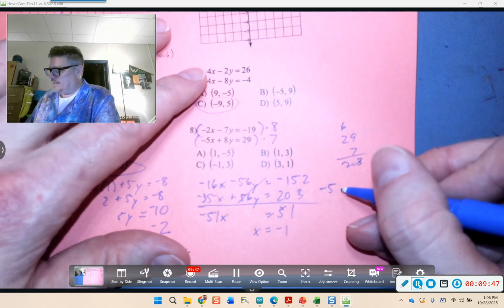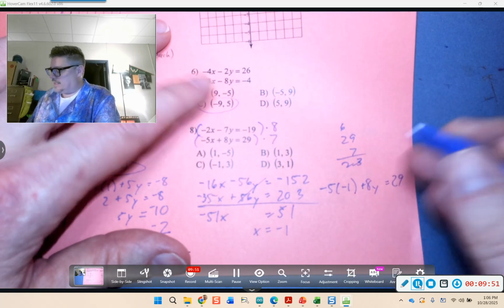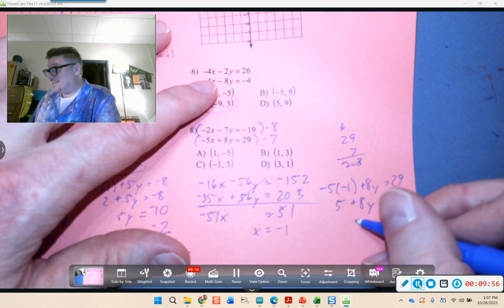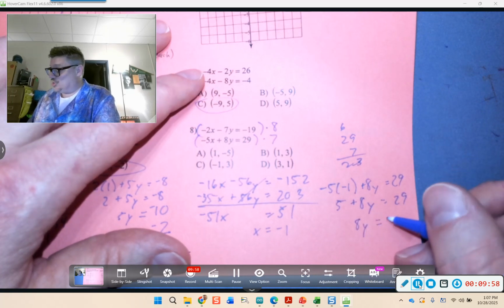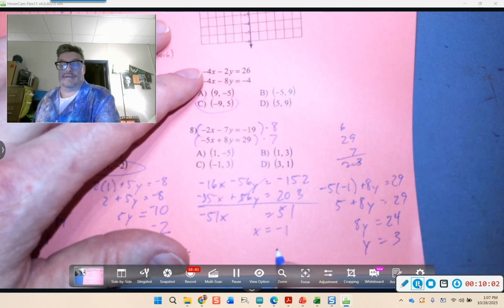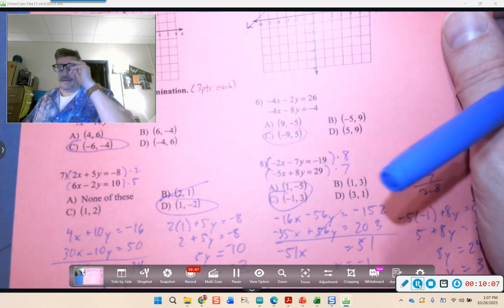I'm going to put it into the bottom one here. Plus 8y equals 29. This becomes 5 plus 8y is 21. Subtract 5 from both sides, and I get 24, and divide by 8, it's going to be 3. So -1, 3, and that's exactly what I got. Okay, first page.